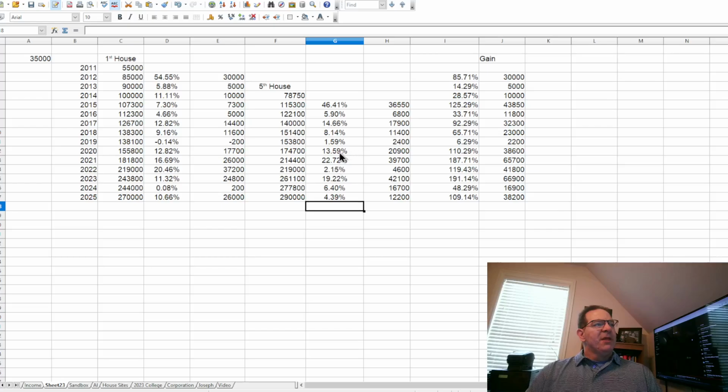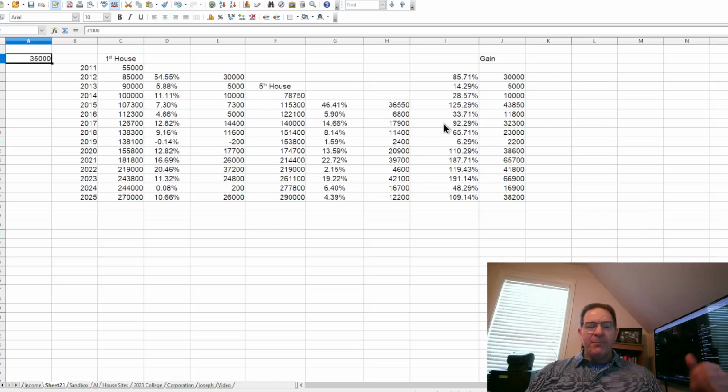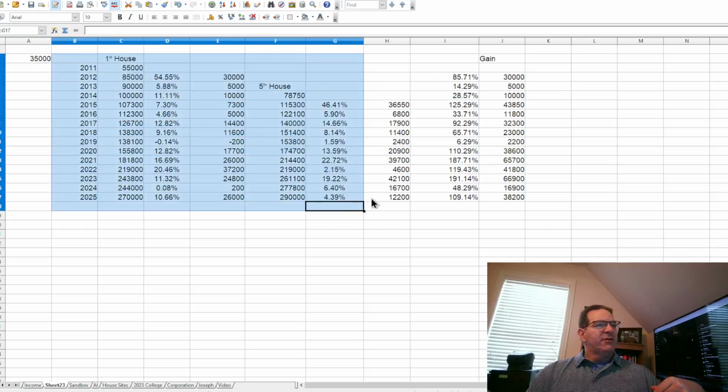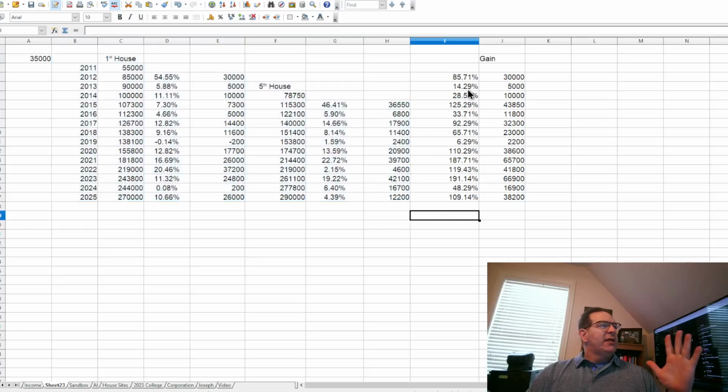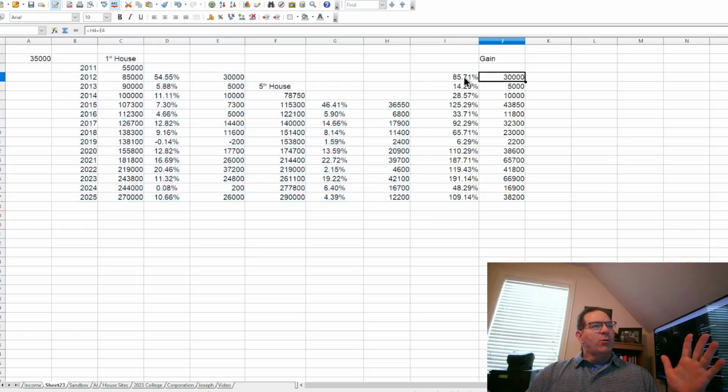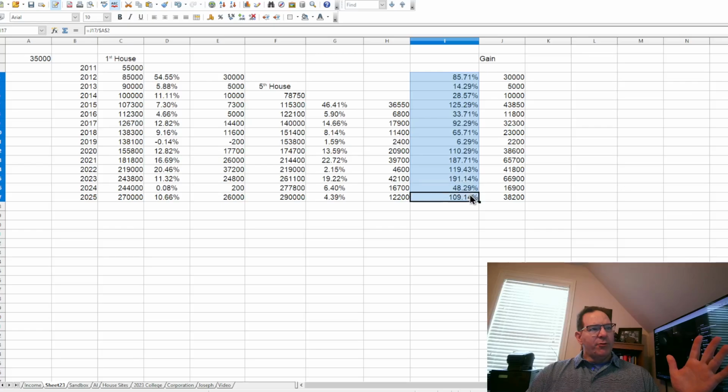Now you see, these are 1.5, 13, 22, reasonable, but the first bump really gets you going, and the fact that you just have 35, you didn't actually put any money into this, means that if you look at this right here as an investment, as one investment that carries its own debt, it has some but not a lot, then you look at year-over-year gains in the range compared to your investment of these numbers.